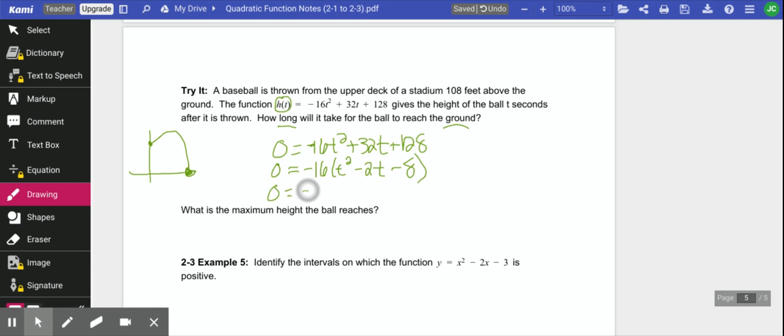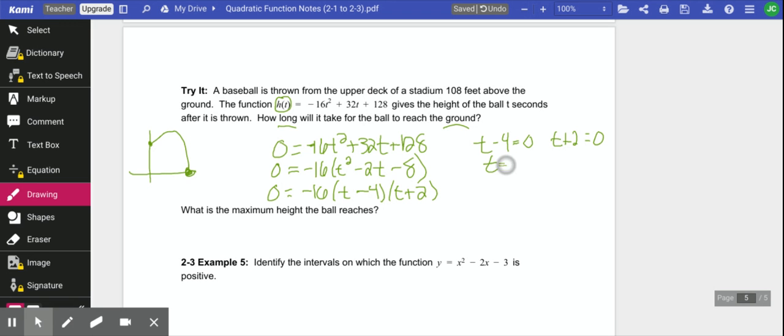So 0 equals negative 16. We're going to factor this. The minus means the signs are different. We're looking for factors of 8 that add up to negative 2. So 4 and 2. Then we're going to set these equal to 0. Negative 16 is never going to equal 0, so ignore that. So either t minus 4 equals 0 or t plus 2 equals 0.